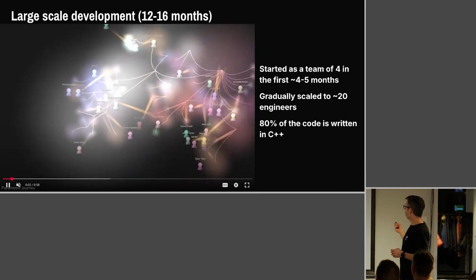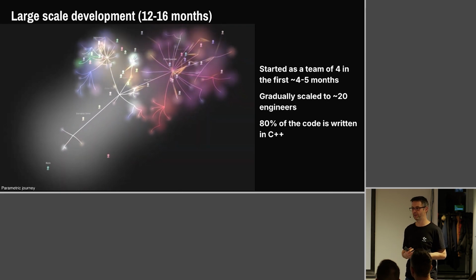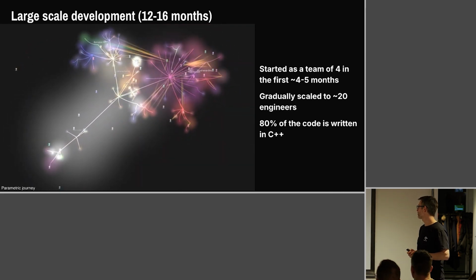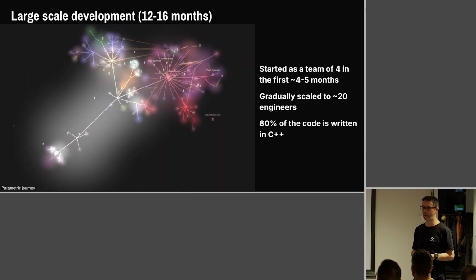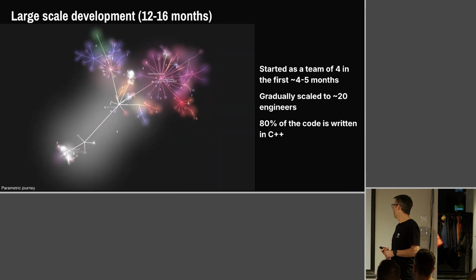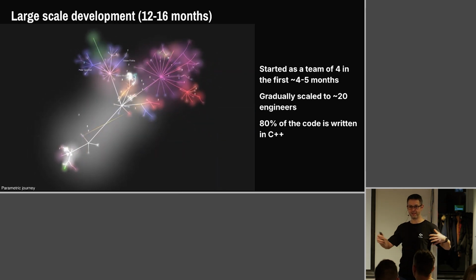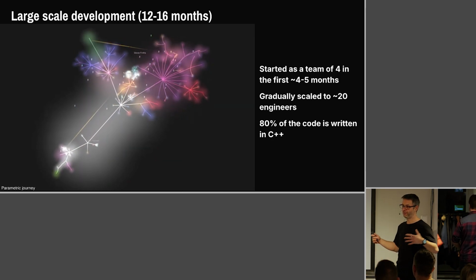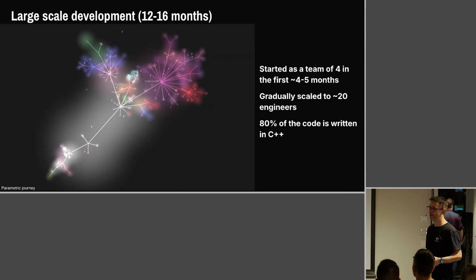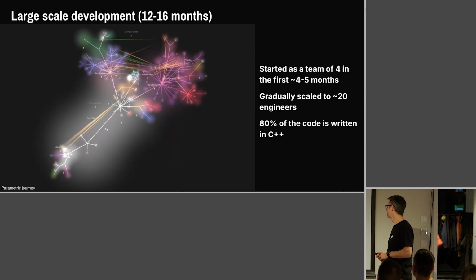We started as a team of 4 in the first 4 or 5 months when we were doing the first iterations, and then gradually we grew up to a 20 engineers team, which was basically 3 teams. And later on, of course, before the release, this was extended to the whole company, like the UI team and the rendering team, and everybody joined our effort.